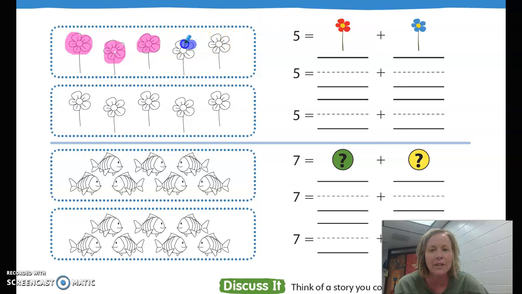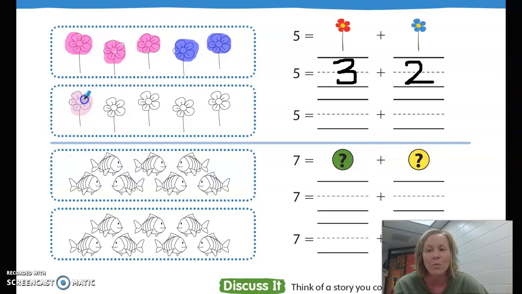And some blue. So now I need to write how many pinks and how many blues. So 5 equals 3 pinks and 2 blues.